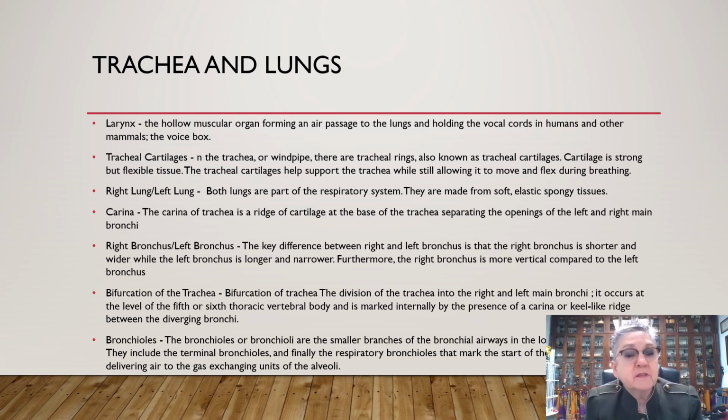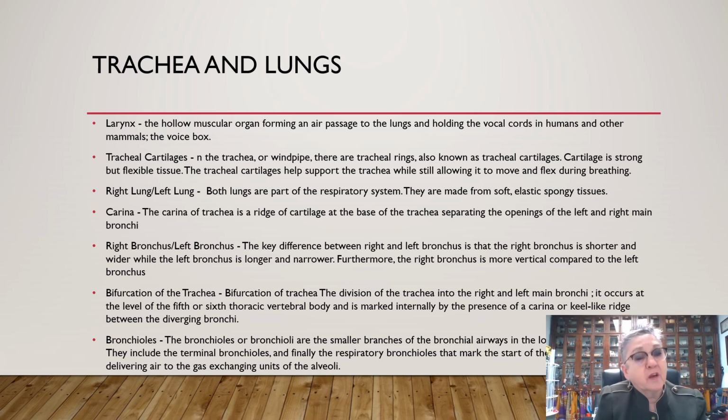Right and left bronchus is the difference between one going into the right lung and one going into the left lung. The right is shorter and has a wider angle, and the left is longer and narrower, and also the right bronchus is more vertical than the left.